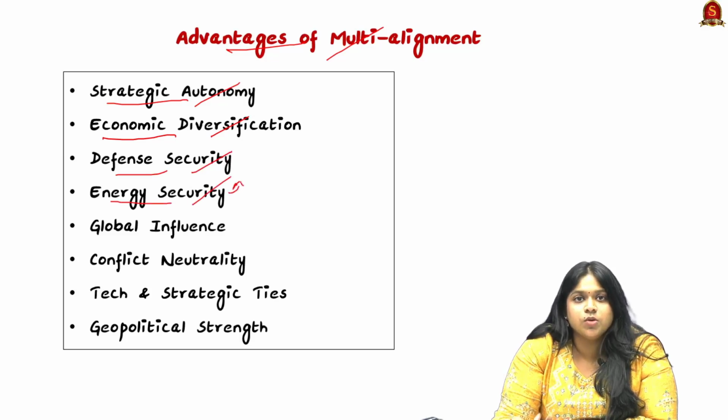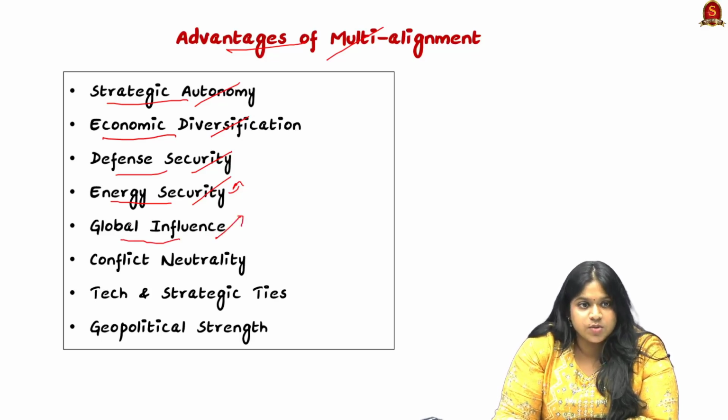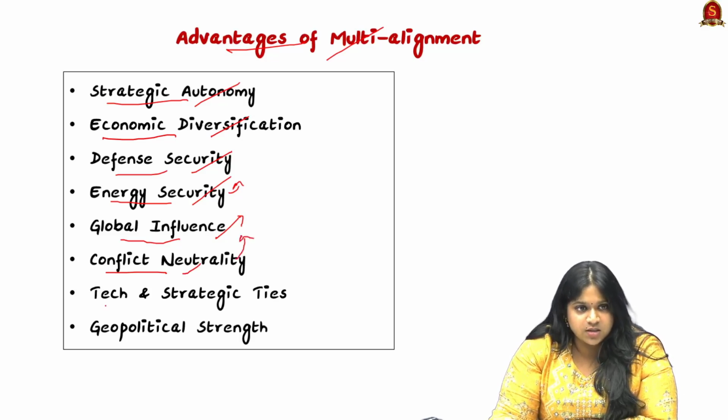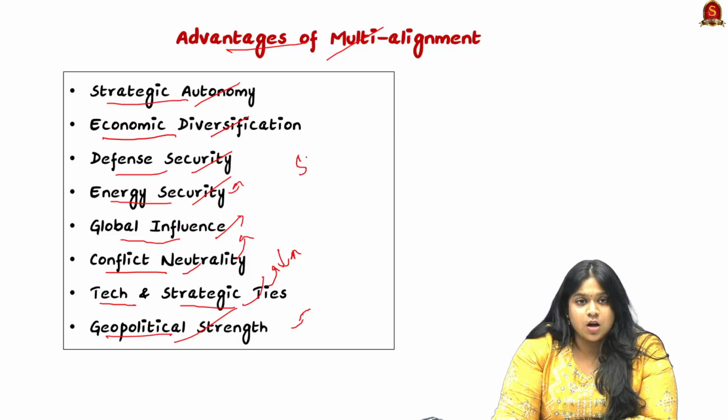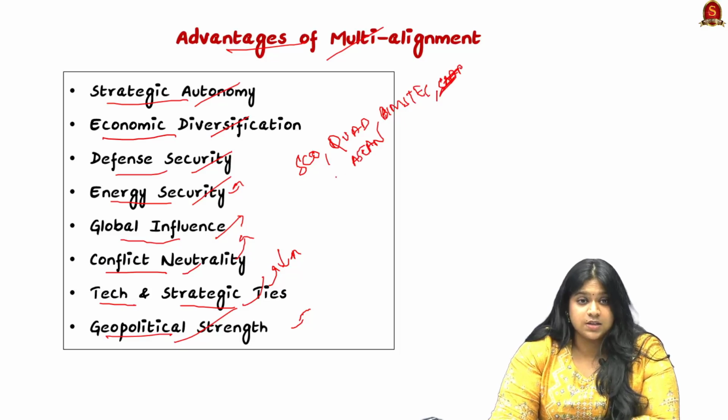Right now we are moving towards having multiple sustainable developed countries, and bringing in global influence through different partnerships, having conflict neutrality, so there is a balance of check even between the countries, and bringing in the importance of tech and strategic ties, so there is reducing of the digital gap and increasing of the digital diversification, and having geopolitical strength finally through having different partnerships through SCO, through Quad, through BIMSTEC, through ASEAN, etc.